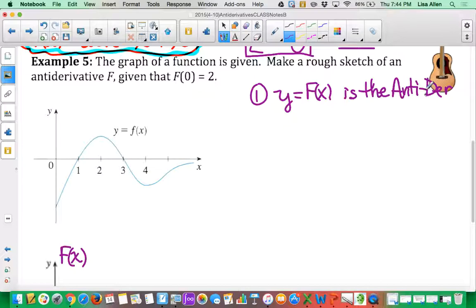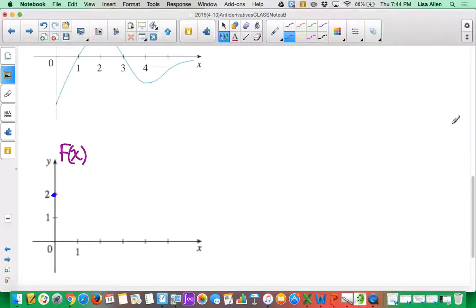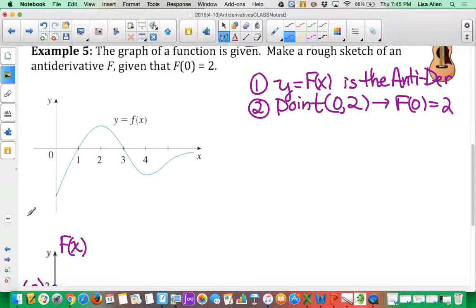So we do know that we have the point 0, 2 on the graph because we're told that capital F of 0 is equal to 2 from the given information. So you notice that we have a point on the graph, and here it is, and that would be 0, 2. And this graph seems to exist with x greater than 0.